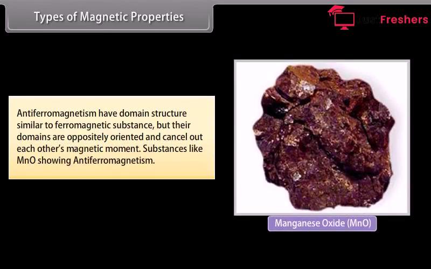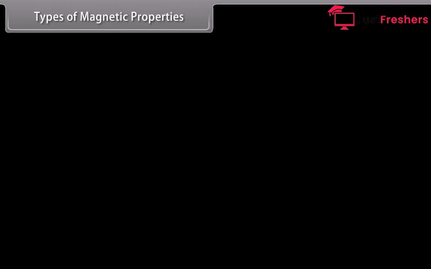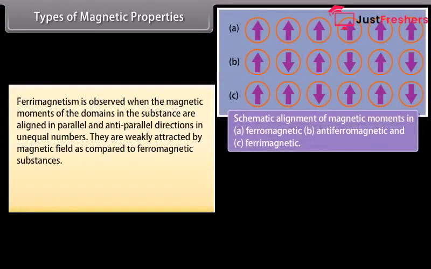Antiferromagnetic substances have a domain structure similar to ferromagnetic substances, but their domains are oppositely oriented and cancel out each other's magnetic moment. Substances like MnO show antiferromagnetism. Ferrimagnetism.